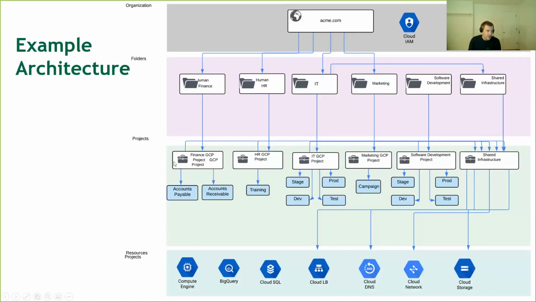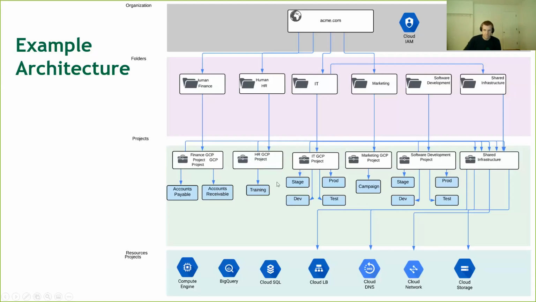So maybe under human resources, I've got my HR GCP project. Then we can have one or more environments or distinct workloads in the projects. The projects will contain our resources, so these are the resources running within these projects. This is just an example of a typical architecture that we'll see.